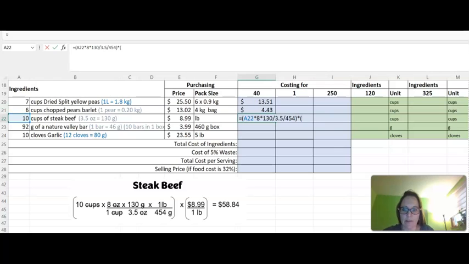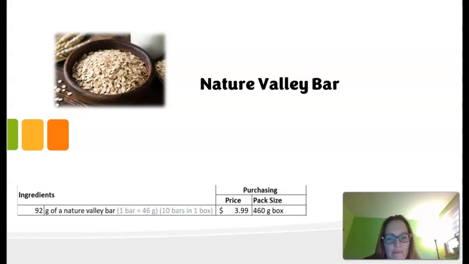So we're going to click on the cell, and then we're going to close the bracket and press enter, and we get the same answer, $58.84.